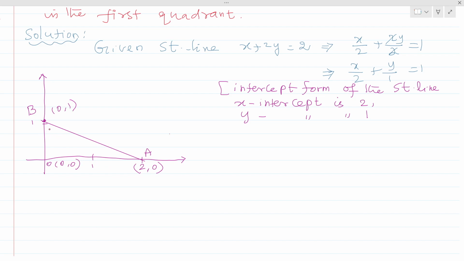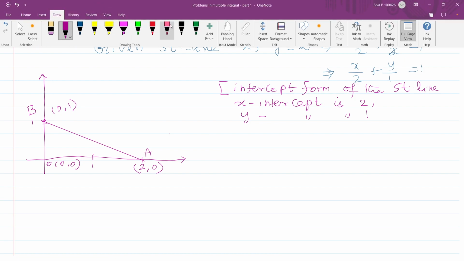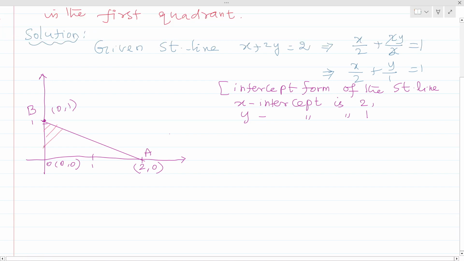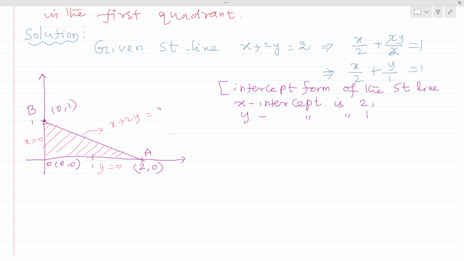Then what is the region of integration? This is the region of integration. So the region of integration covers the straight line x equal to 0, and then y equal to 0, and then the straight line x plus 2y equal to 2, which is lying in the first quadrant.